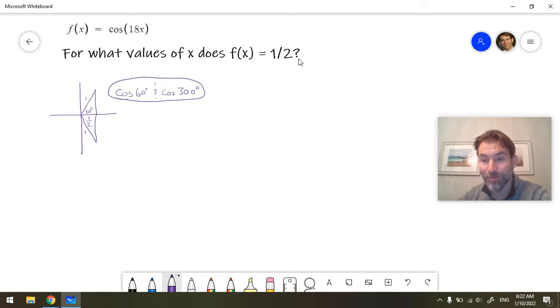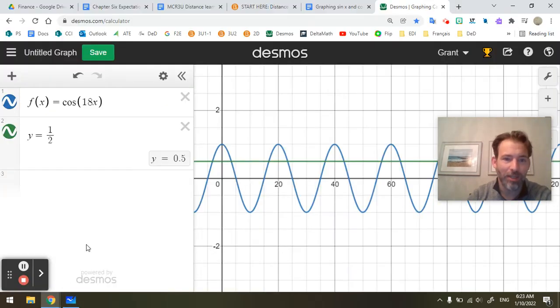But also, if we add 360 to either of those, so 420 degrees would have a cosine of 1/2, as would 660 degrees, and so on, as we add and add and add 360 degrees. And that's why when we change our desired solution to y is equal to 1/2, we'll see all of those.